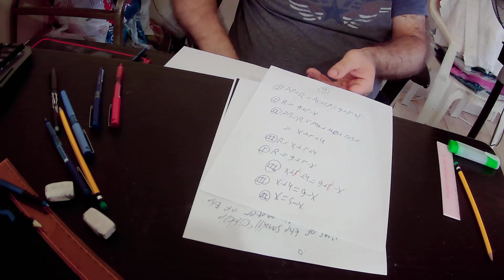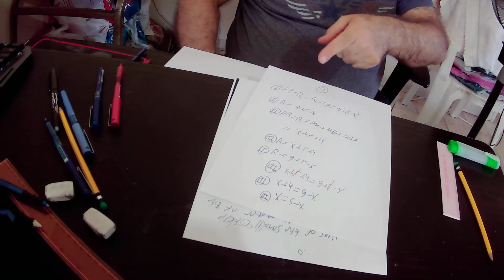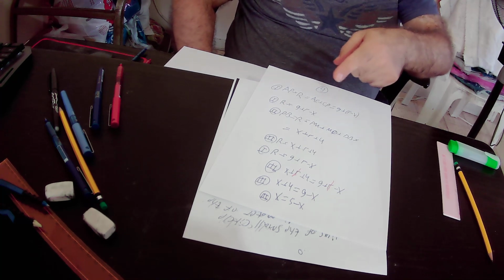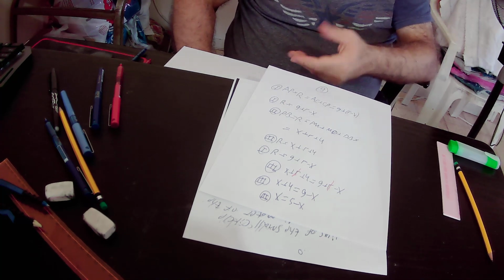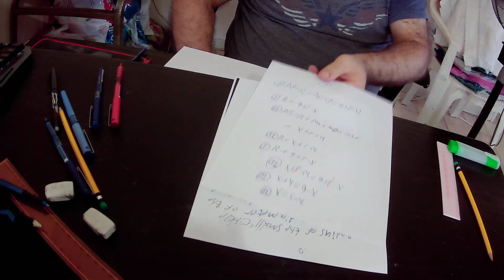So we got the expression for the radius of the big circle that equals 9 plus R minus x. So this is the first way to calculate the radius of the big circle.